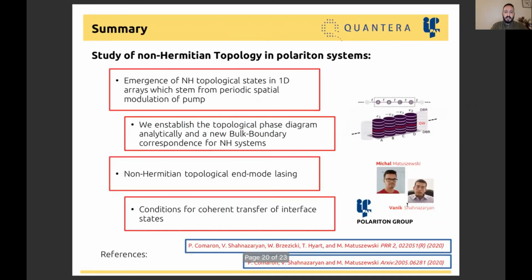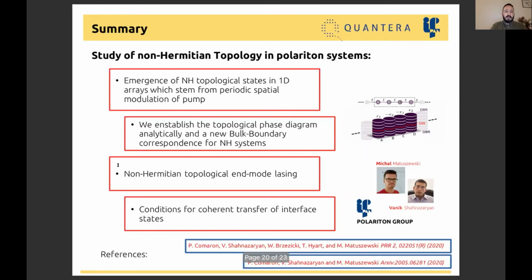So with this slide, I would like to conclude and to summarize our results. From the study of non-Hermitian topology in polariton systems, we could characterize the emergence of non-Hermitian topology, which stems only from a spatial periodic modulation of the pump. So we don't actually need to play with the hoppings, but just with the modulation of the pump. We are able to establish a topological phase diagram and the new bulk boundary correspondence.